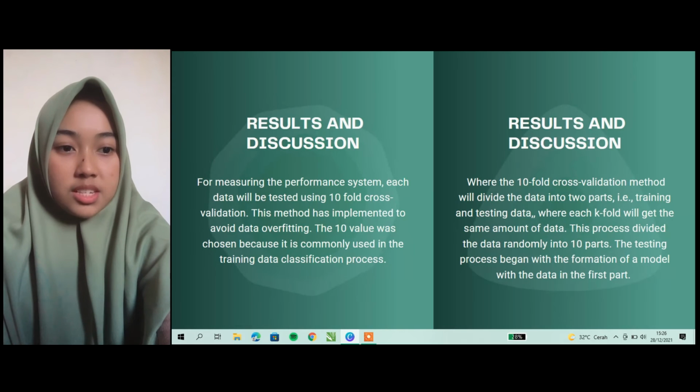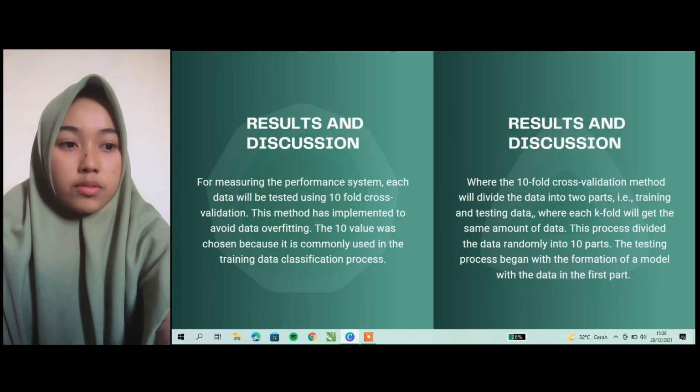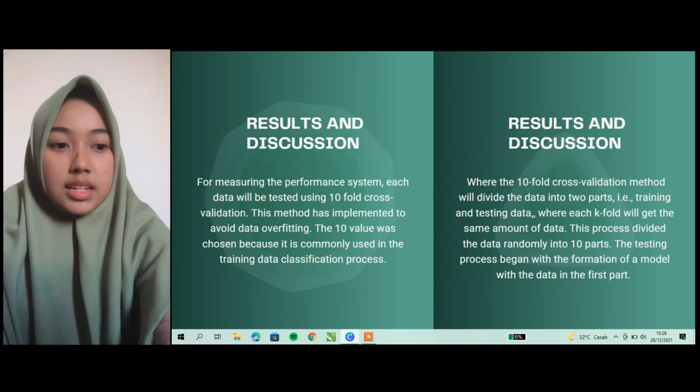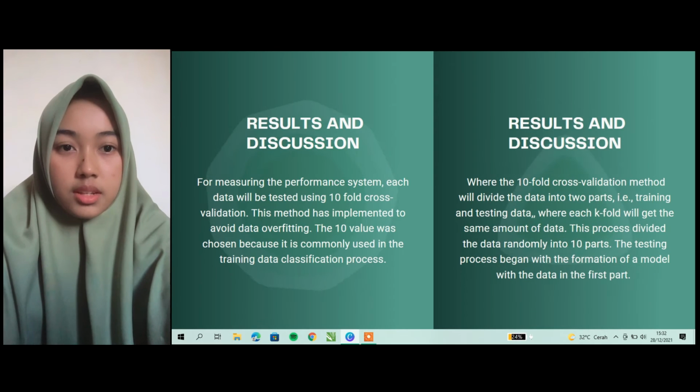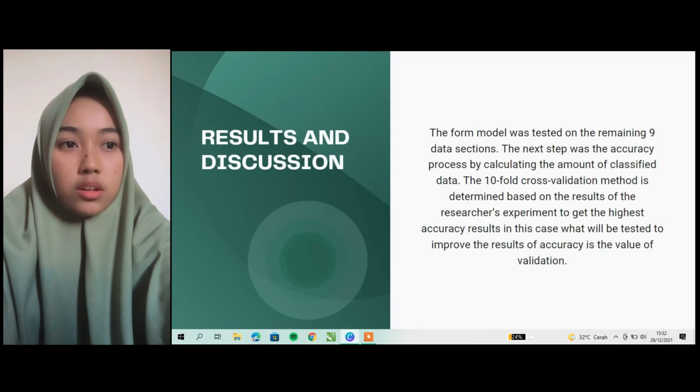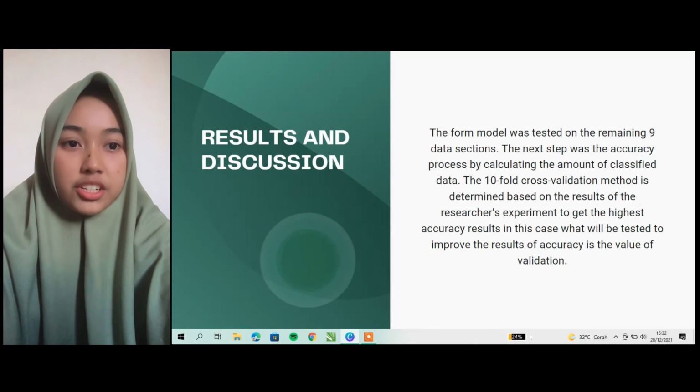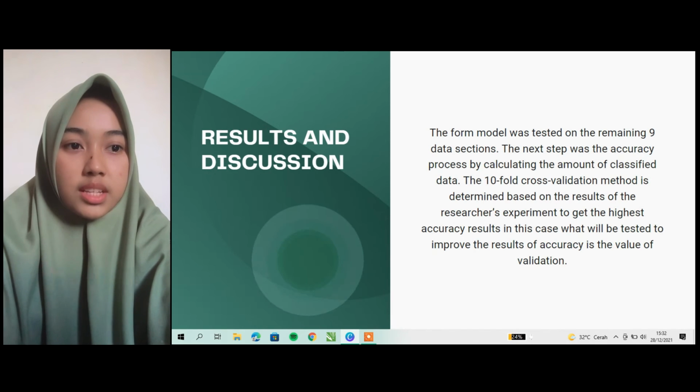The testing process began with the formation of a model with the data in the first part. Next, the formed model was tested on the remaining 9 data sections. The next step was the accuracy process by calculating the amount of classified data.